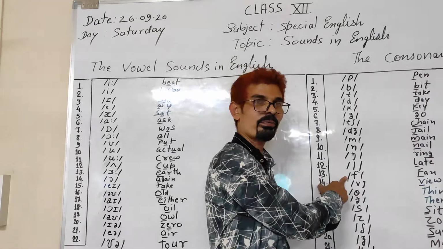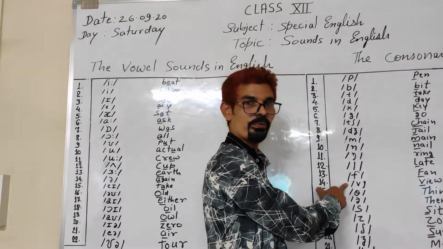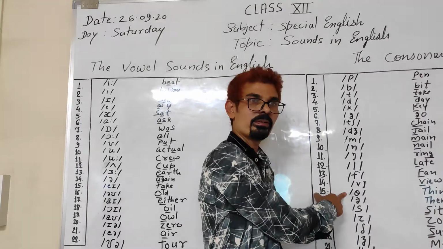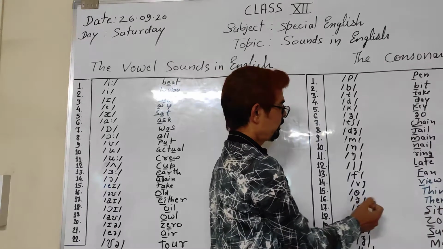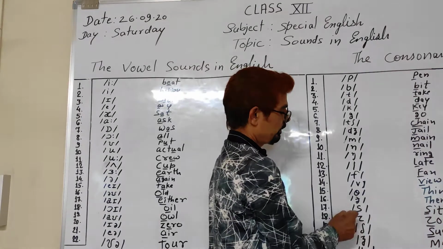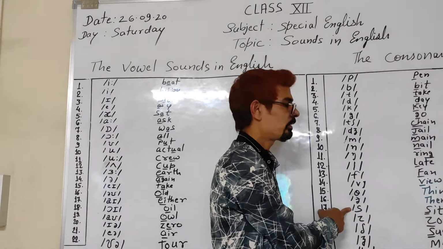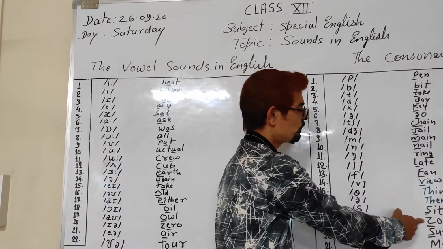This is the symbol of F, fan. This is the symbol of V, view. This is the symbol of Th, thin. This is the symbol of the, them. This is the symbol of S, sit. This is the symbol of Z, zoo.